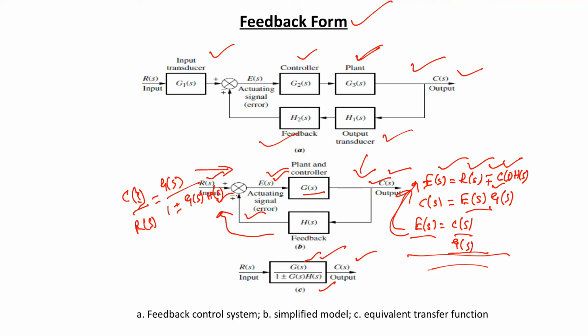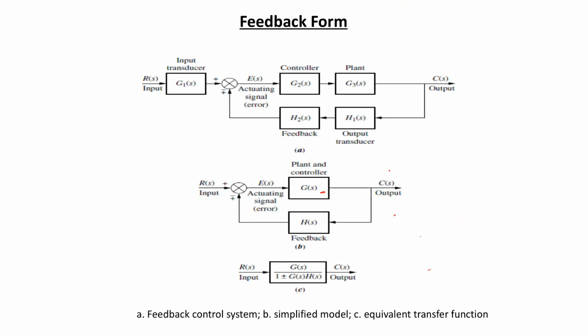So this is the feedback form. Now this is also called the closed loop transfer function, because the loop is closed. The other is the open loop transfer function, which can be simply represented by G(s) H(s). This is the open loop transfer function and this is the closed loop transfer function.